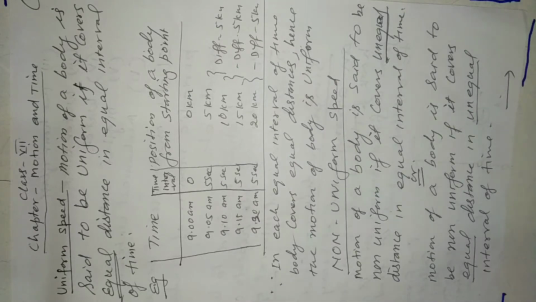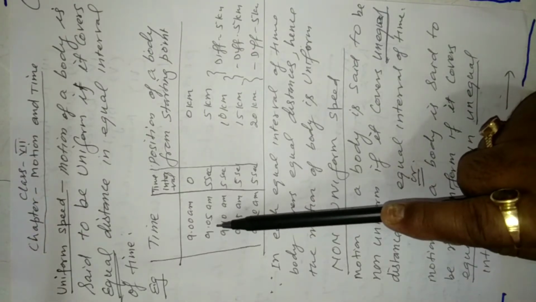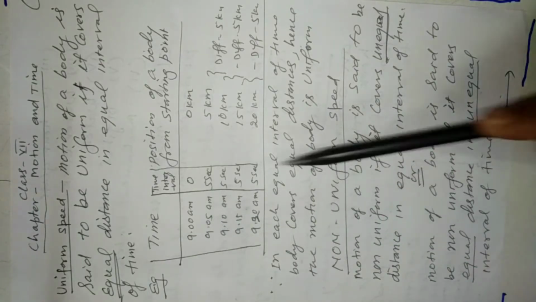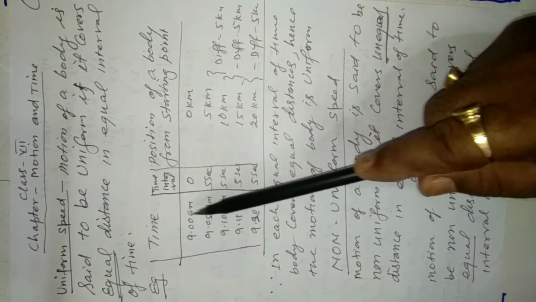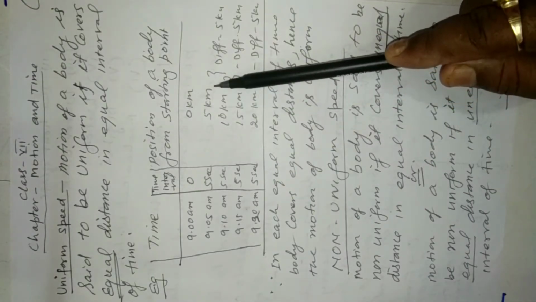Now after 5 seconds, that is 9.05 a.m., the time interval, the difference between these two, is 5 seconds. The distance covered is 5 kilometers.